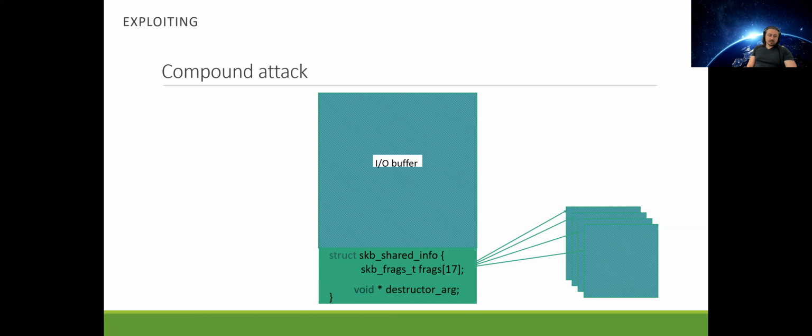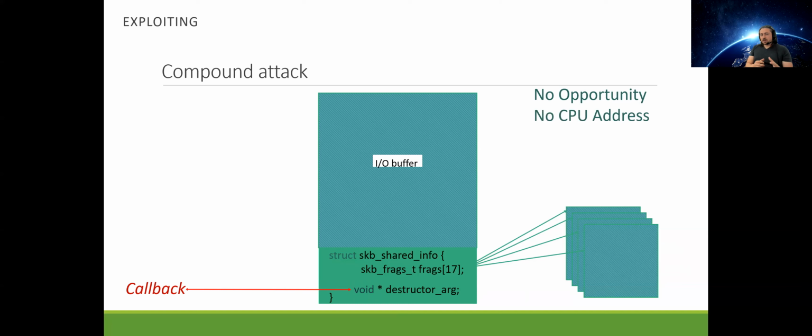It also holds a destructor arg, which is essentially a callback pointer, or functions as one. But there's no opportunity, because usually you first unmap the IO buffer, and then you initialize the SKB shared info. The second thing is that you, as a device, don't have a CPU address. All you have are the IOVA addresses, which are not useful for rewriting the CPU callback pointers.